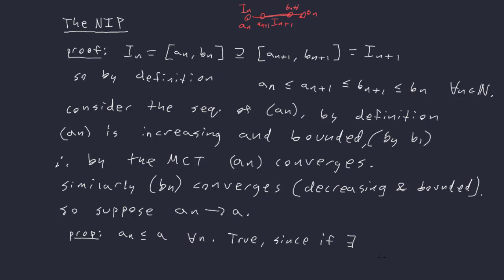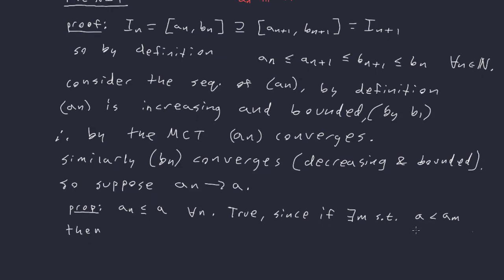if there existed, say, an m such that A was strictly less than a_m, then every term of the sequence would be strictly greater than A for the rest of the sequence's life, because the sequence is increasing.